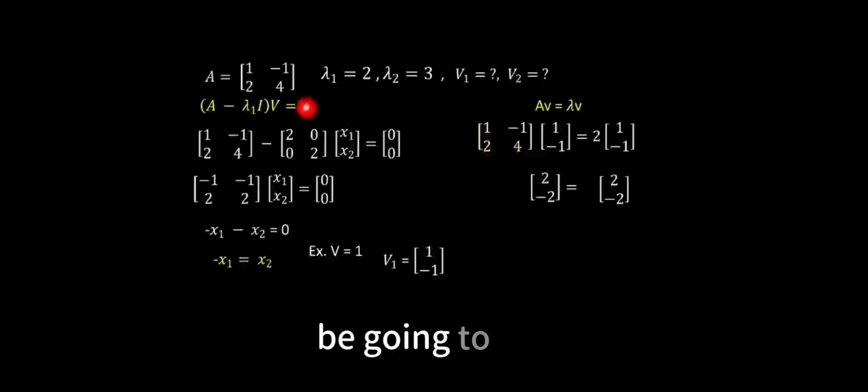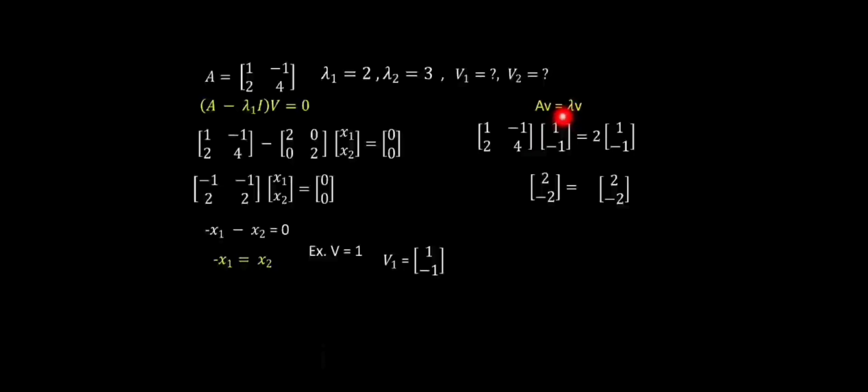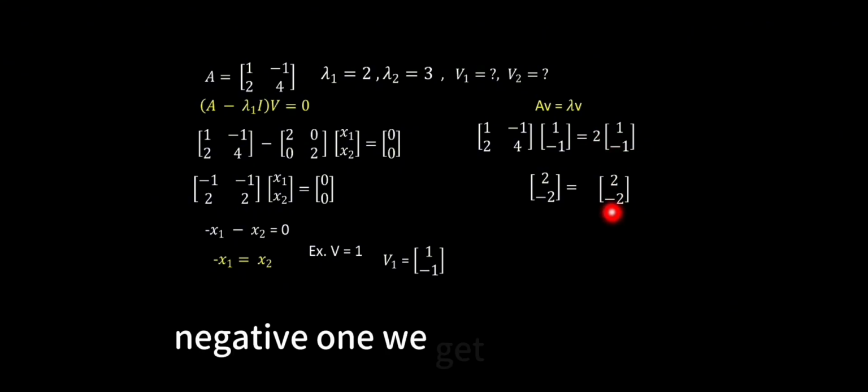We put our matrix here, [1, -1; 2, 4], times our vector [1, -1], is equal to our eigenvalue 2 times our vector [1, -1]. First, 2 times 1, we get positive 2. 2 times -1, we get -2.